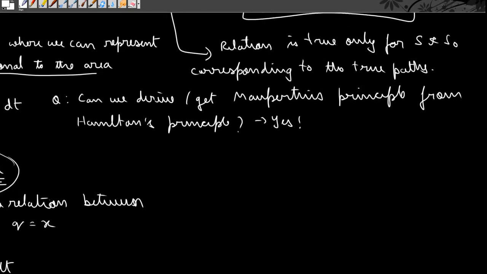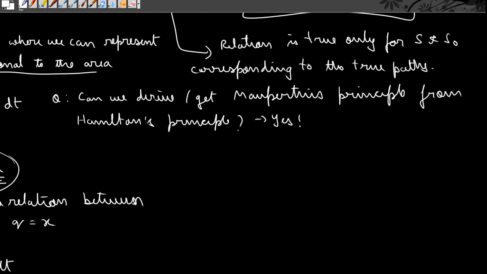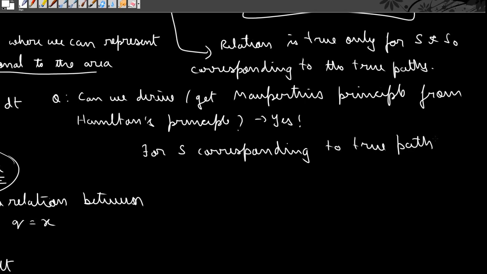And to do this, we have to look at the following. Okay, so we know that for S corresponding to the true path, now we have a true path, and we know that it is represented by S. Okay, we have the following relation, that if we do not know the endpoint times, then the variation of S is related in this manner, minus integral of H dt.